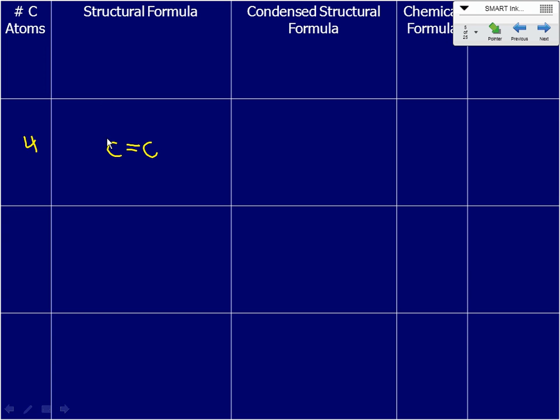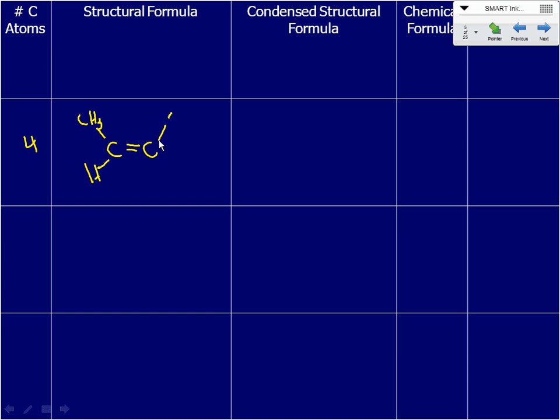So the structural formula, I've got it in the middle now, which means I've got a CH3 out here, and then I've got an H this way. And now I've got a decision to make, because remember I've taught you that you can't rotate a double bond, because that pi bond has the attachments above and below, and if you rotate it, you break the bond. So double bonds don't rotate very well, which means I can either position the next CH3 up here or down here, and they actually make a difference.